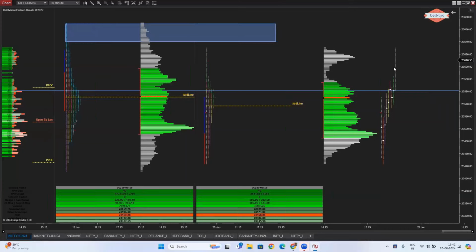Because structurally it should not leave a lot of single print tails, which is very rare. Yesterday we had seen that. I don't think today we're going to see that yet. Maybe still a little bit of up move, and then it should start correcting.